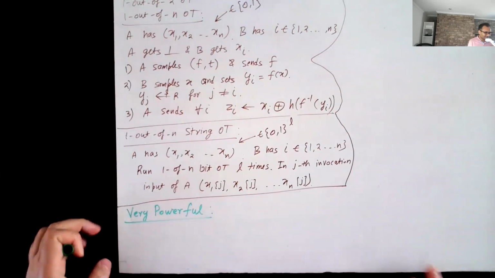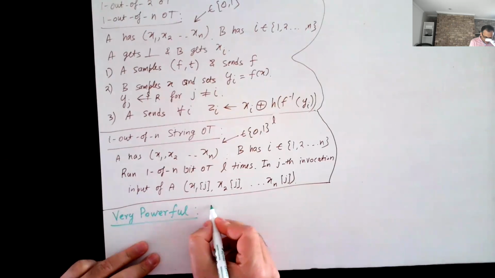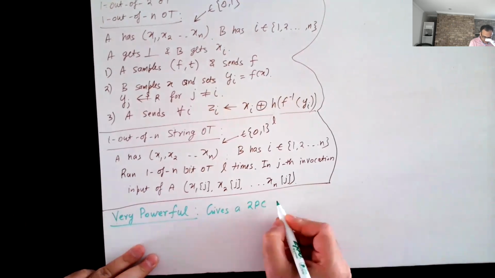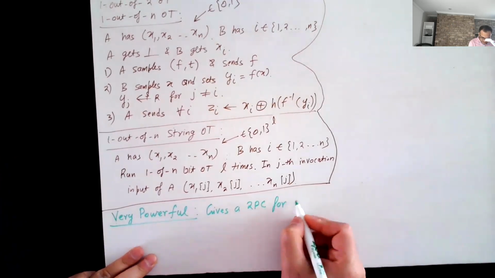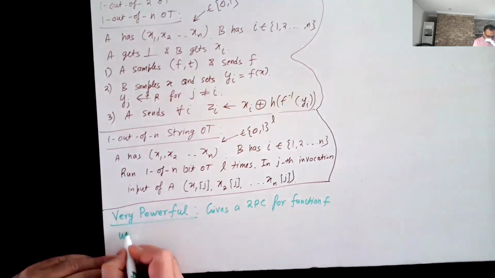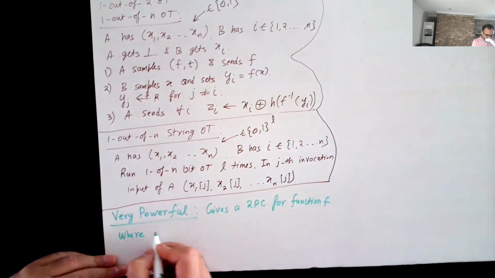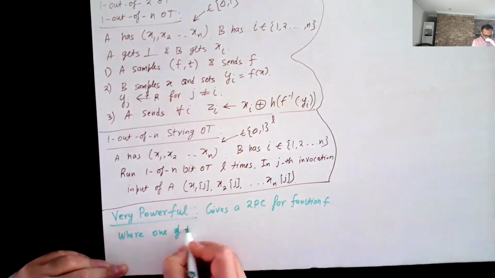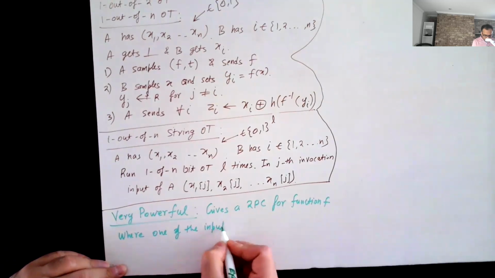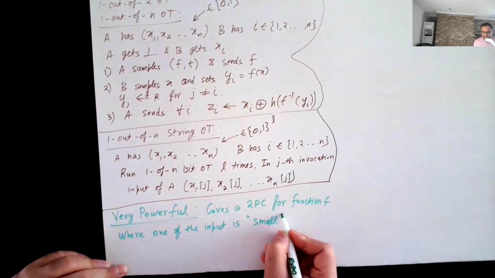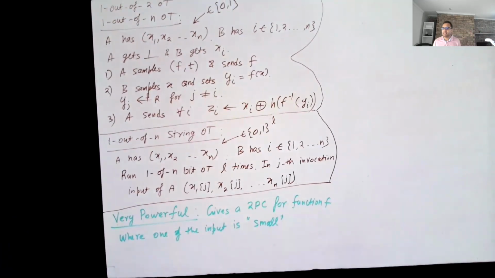In particular, this already gives a secure two-party computation for functions f where one of the inputs is small. By small, I mean it only has a polynomial number of possibilities.